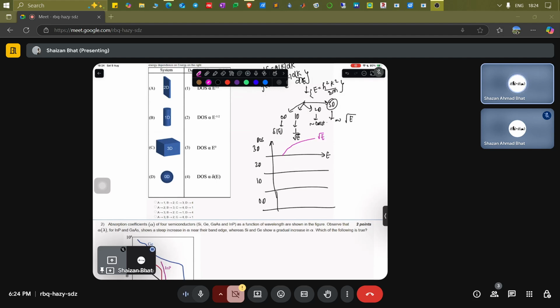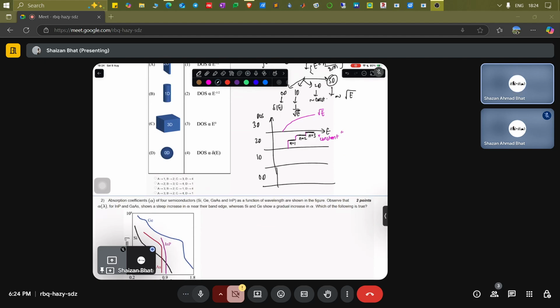For the 2D system, it would look something like this, which is a constant function of E. It's basically constant, and then it goes to a different subband, and then to another subband. This is subband 1, this is subband 2, this is subband 3. Otherwise it's constant. And notice that there is a sharp edge and it has shifted from the actual band edge. This is because of confinement.